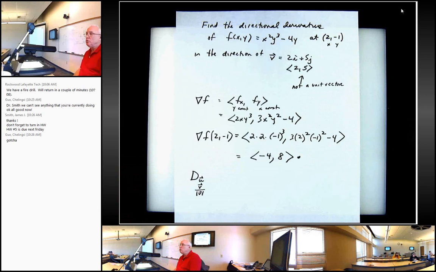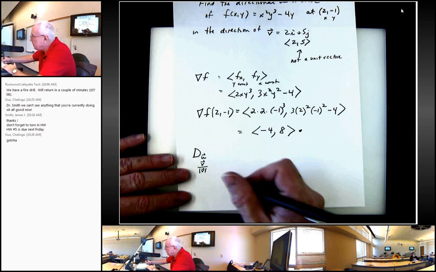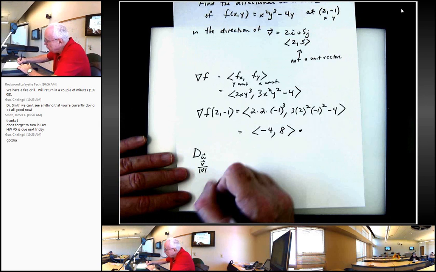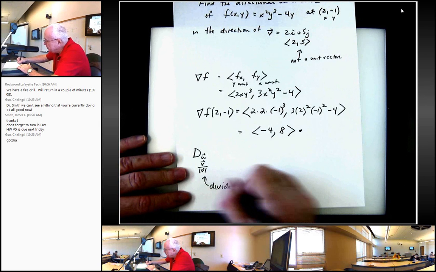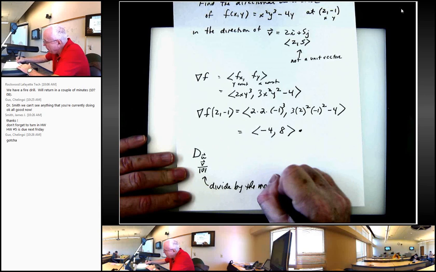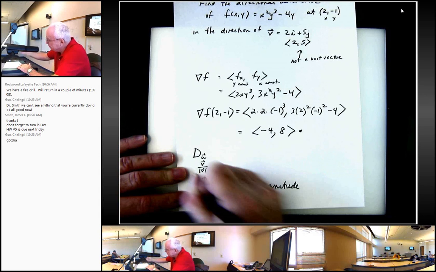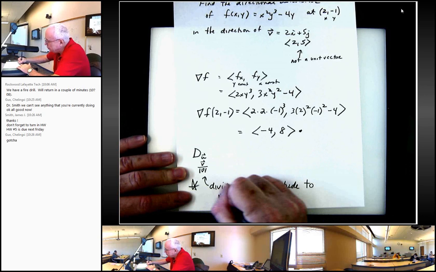I've got to adjust it to make it a unit vector. So please remember that you have to do that. You have to divide by the magnitude to make it a unit vector. I'm going to put an asterisk by that so you remember, divide by the magnitude to make it a unit vector.